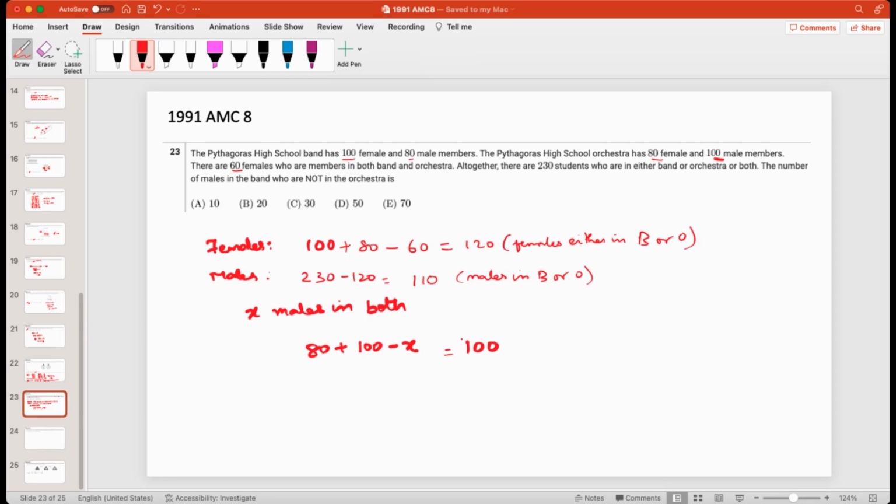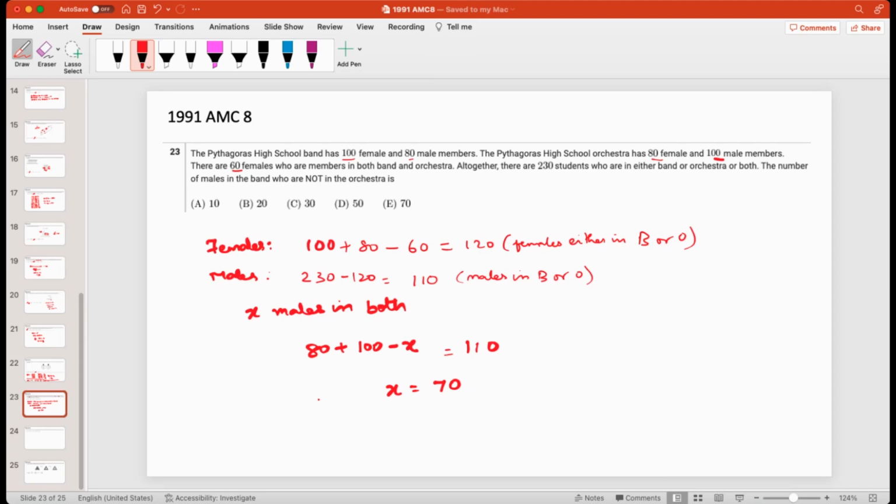Let me check. Not 100, 110. That's what we got, right? So, one minute. Not 100, it's 110. So, I'm going to say X is equal to 70.